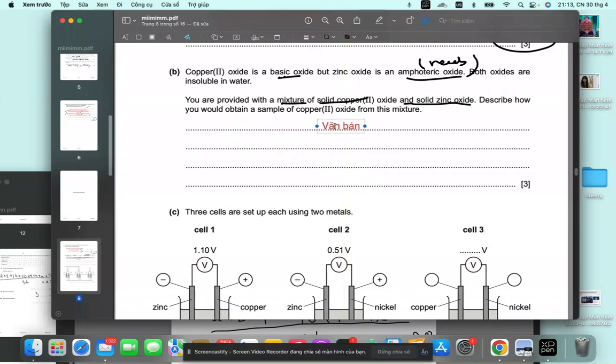Oh, okay. So since zinc oxide is amphoteric, we could react zinc oxide with the base, for zinc oxide to dissolve in the base.